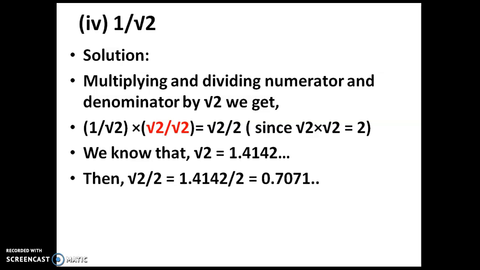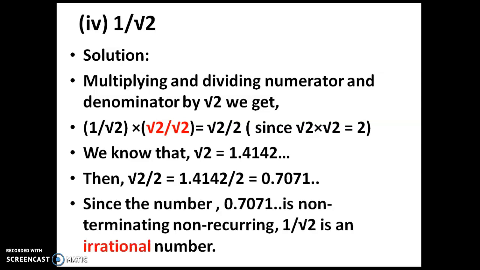Substituting that value, 1.4142 divided by 2 equals 0.7071, and it is non-terminating, non-recurring. It will keep on going. So 1 by root 2 is an irrational number.